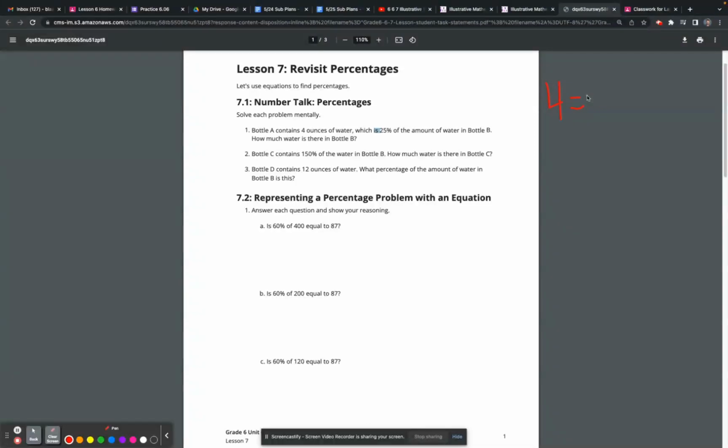That's the unknown number. I'm gonna translate this 25% to a decimal, 0.25.